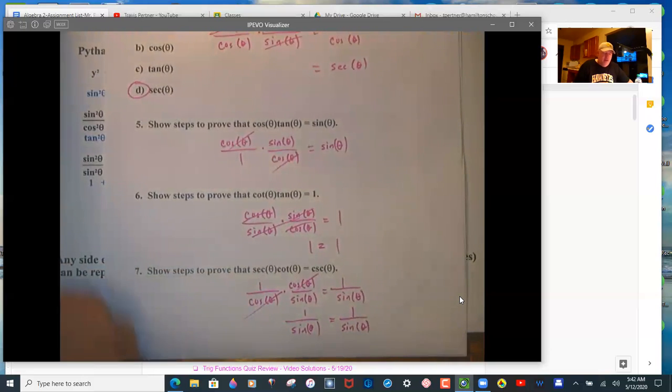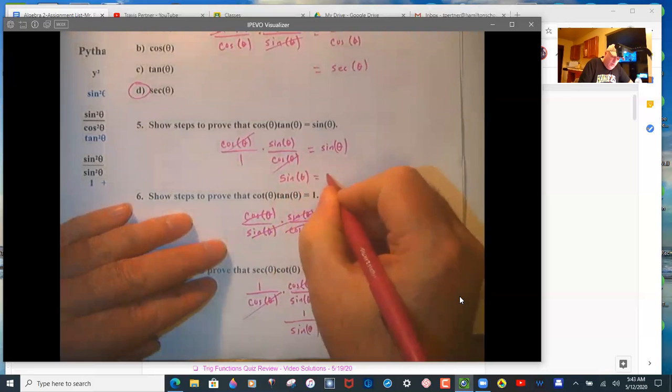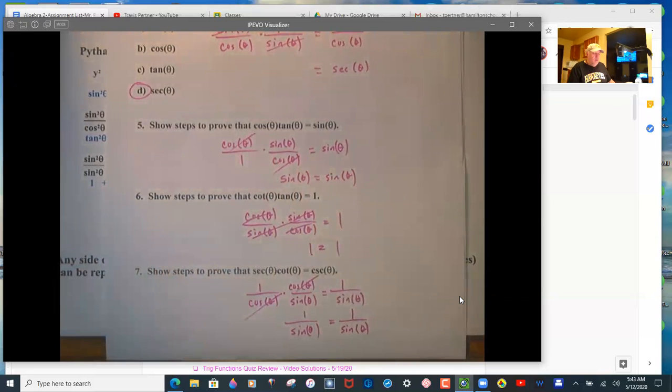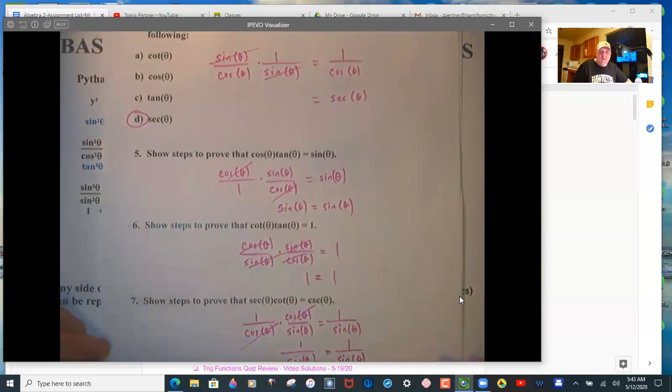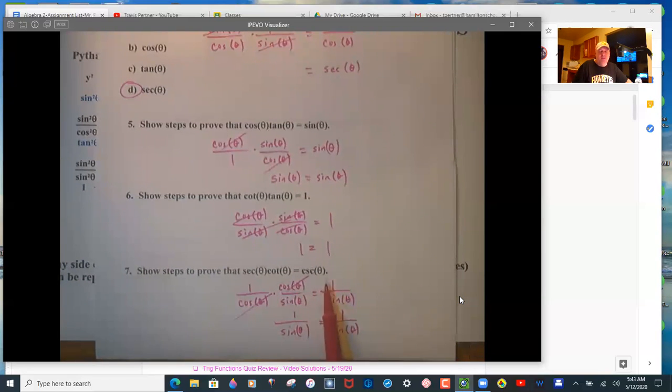So you're really working at turning one side into the other, or you are working at turning both sides into a third thing. So I actually turned both sides into a third expression of 1 over sine theta.